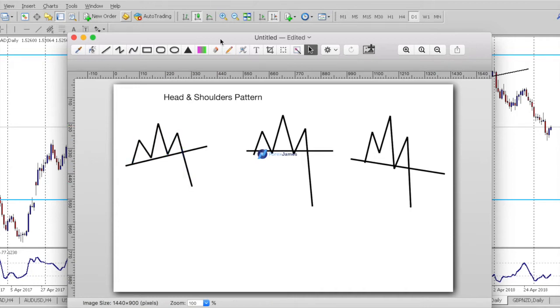There are many factors I look at besides just looking at the pattern blindly. So before we jump in on how we could trade these patterns, let's try to spot them in the charts.